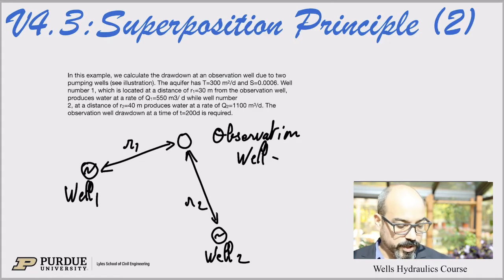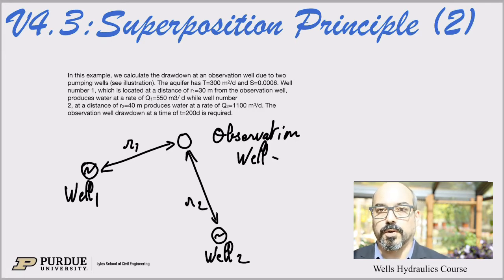Well number 1, which is located 30 meters from the observation well, produces water at a rate of 550 cubic meters per day, while well number 2, which is 40 meters from the observation well, has a discharge of 1100 cubic meters per day. The observation well drawdown at a time of 200 days is required.